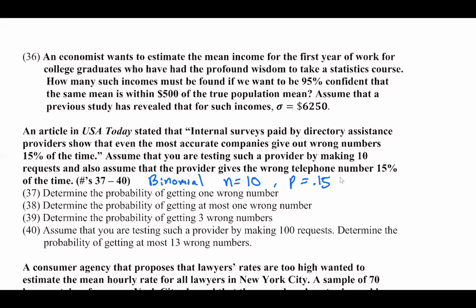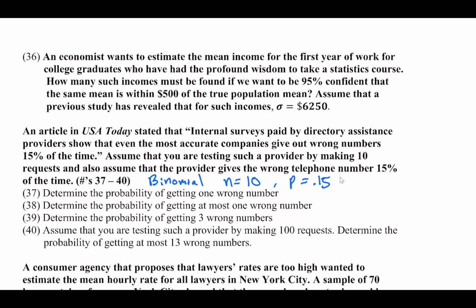An easy way to distinguish this one from the last problem: in the last problem, they gave us the mean and the standard deviation. In this problem, nowhere do they give us the mean or the standard deviation. They give you n and p. So that's the first thing, being able to distinguish a binomial distribution.